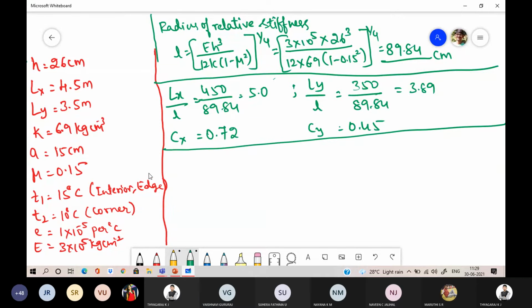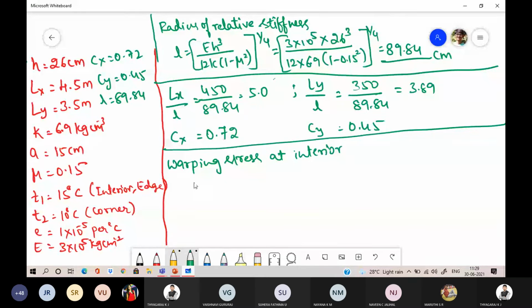Now calculate the warping stress at interior. So I will write here Cx equal to 0.72, Cy equal to 0.45, and L equal to 89.84. Warping stress at interior, STI is equal to E e T by 2 times Cx plus mu into Cy divided by 1 minus mu square.